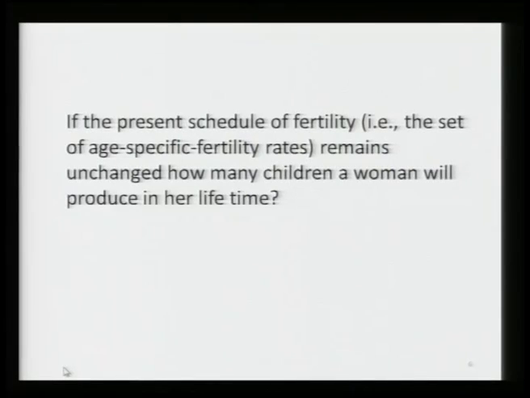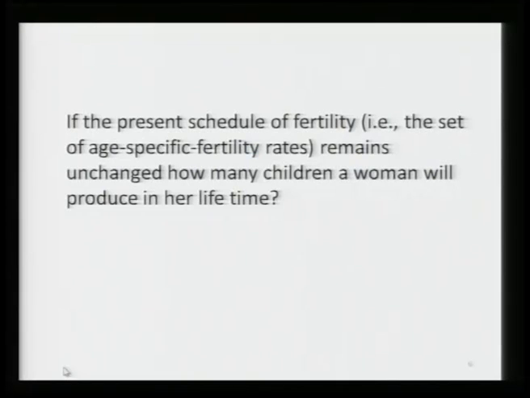Another question, if the present schedule of fertility, means age specific fertility rates, that is, I defined age specific fertility rate as number of children born to women in certain age group divided by average number of women in that age group, and sum total of all that is total fertility rate.